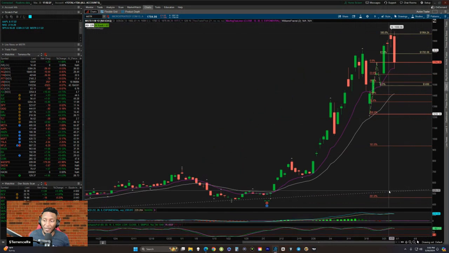Because you may say, well, why didn't it go to 1618? And there's no guarantee that it's gonna go to that. But when you get one already at the end of a move, like this move has already fully extended, I don't expect the market to continue to hit these points. This was the beginning of the move down here at the bottom, right?